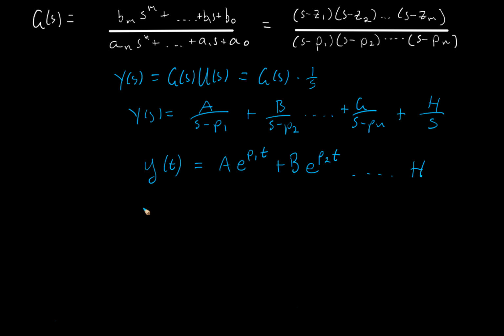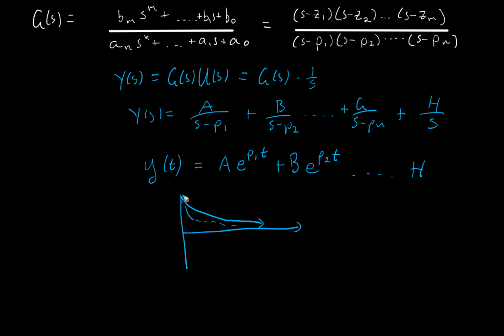And here we can say the system is stable if all of the p's are negative. So if all of the poles are negative, then all of these exponentials are decaying. So they're all something that looks like a decaying exponential. And if p1 is bigger in magnitude and negative, it's going to be something which decays faster.